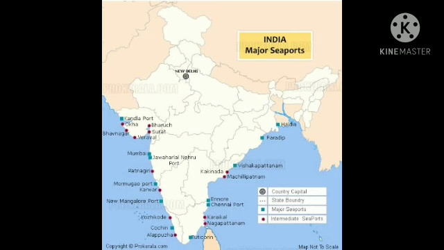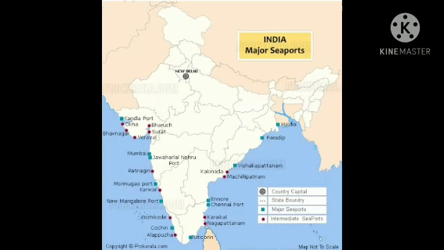Kolkata, located in the Ganga Brahmaputra basin, is also a tidal port and it requires constant dredging on the Hooghly river. So Visakhapatnam is there, Tuticorin is there, Kolkata port is there.